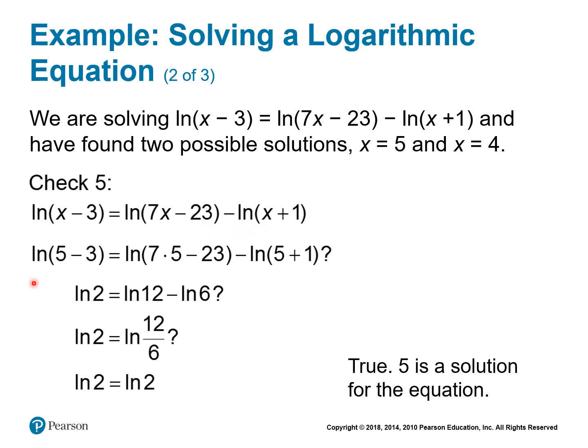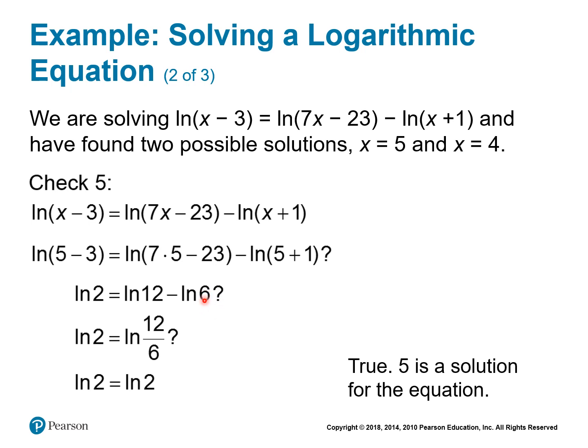So we get ln of 5 minus 3, which is ln of 2, equals ln of 7 times 5, minus 23, and then minus ln of 5 plus 1.